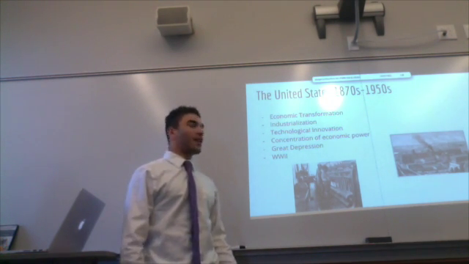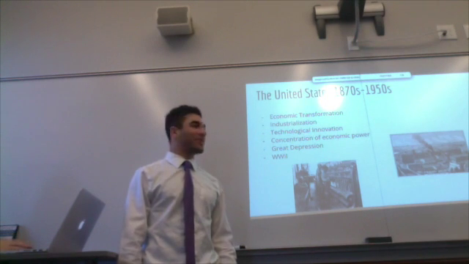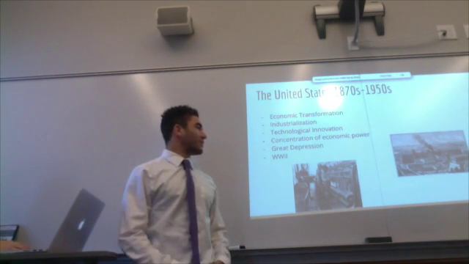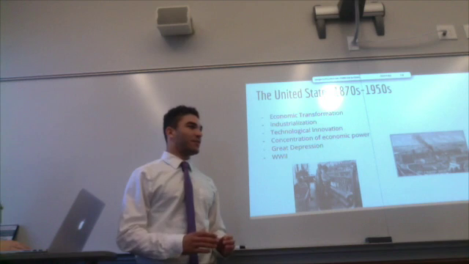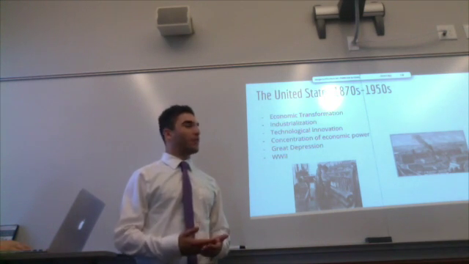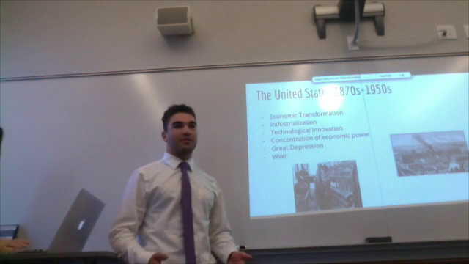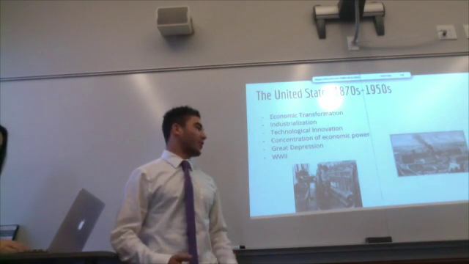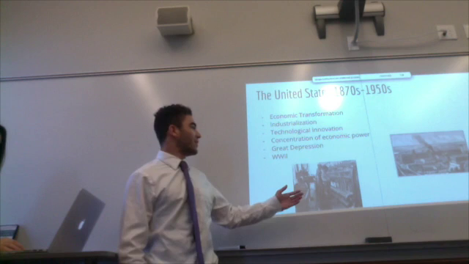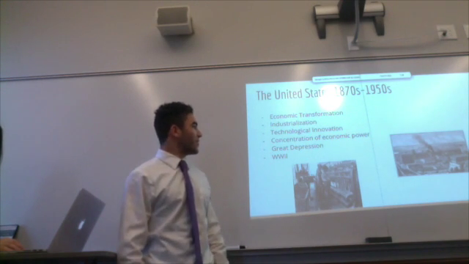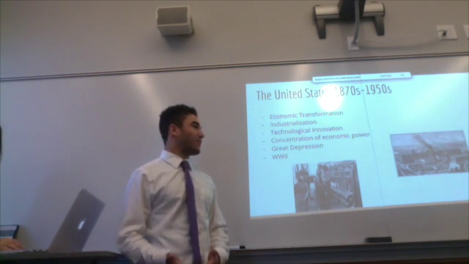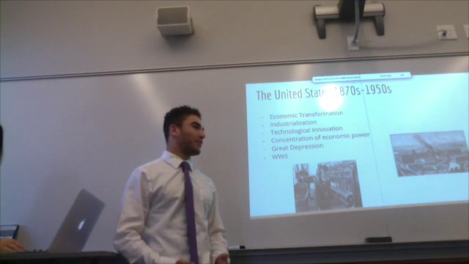This led to a concentration of economic power, which came from the factories, and people who owned factories had thousands of workers, so the owners of the factories were able to make millions and millions of dollars, while the workers were left in terrible working conditions. So if you were on the top, you were way up there, but if you were on the bottom, you were way down there.